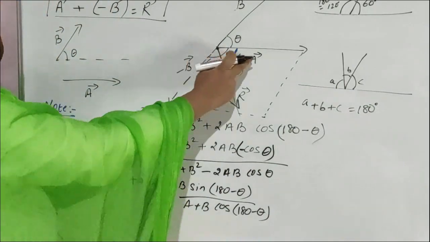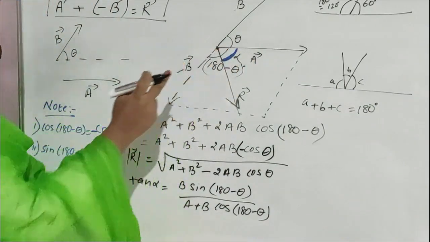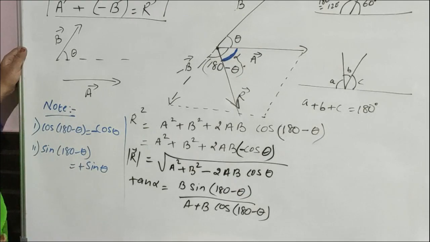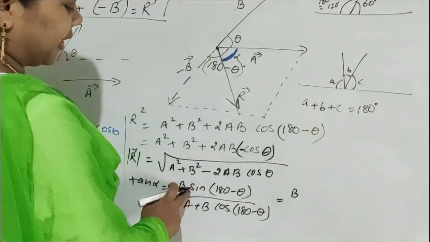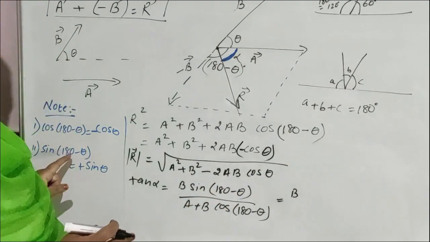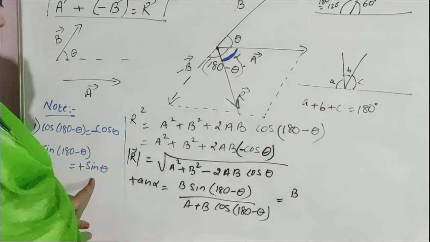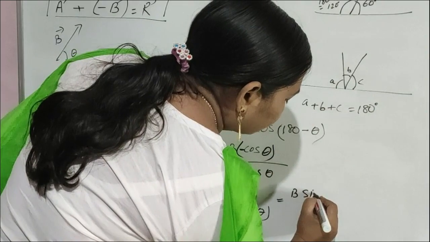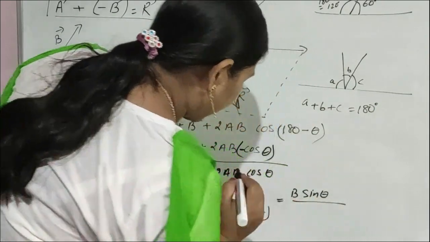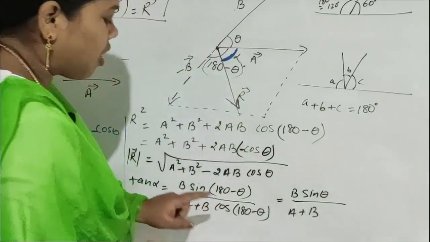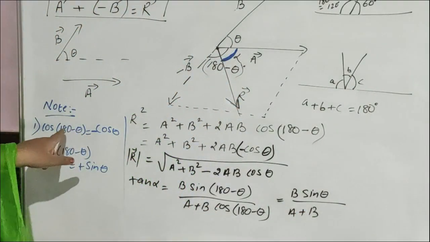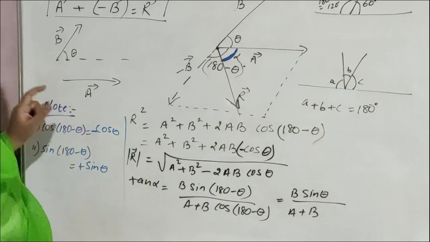Because the angle between vector A and minus vector B is 180 minus theta. Now B sin(180 minus theta) is plus B sin theta, and cos(180 minus theta) is minus cos theta.